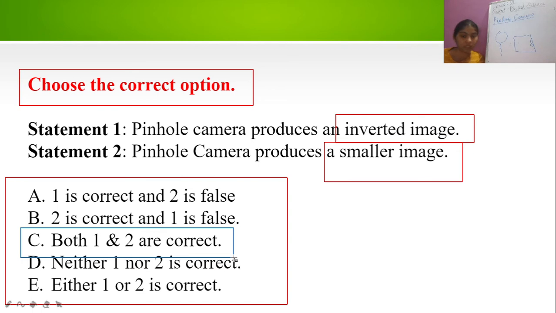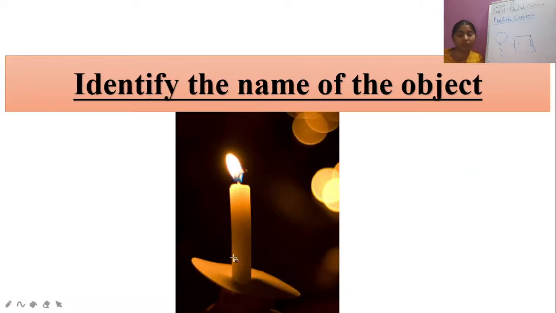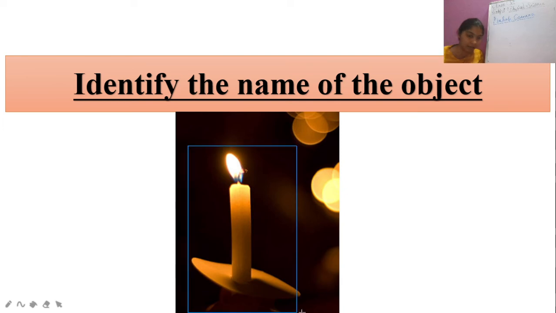Okay, students, let's come forward. Now you have to identify the name of the object. What is that object in front of your screen? Write your answer in the comment box, students. Yes, we can see a burning candle, right? A candle is burning with a flame, right?